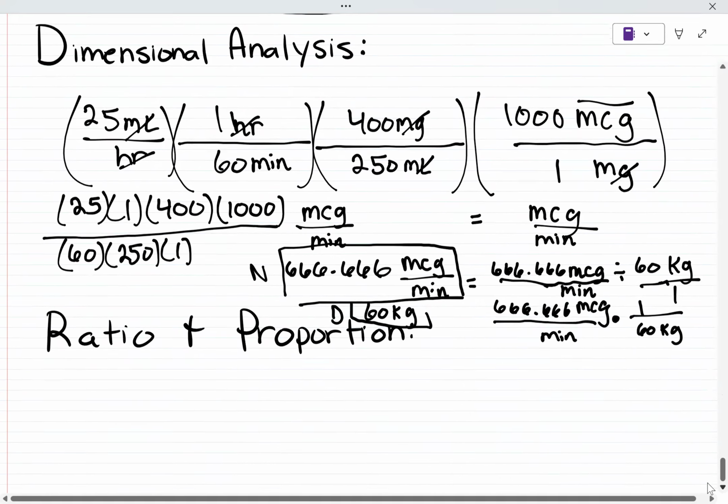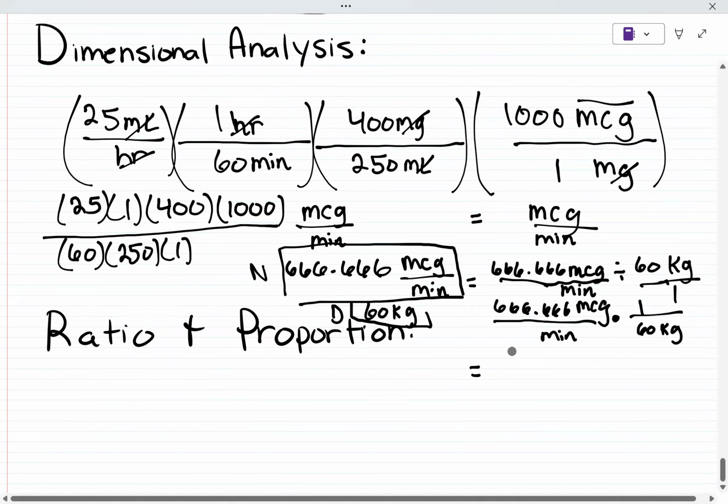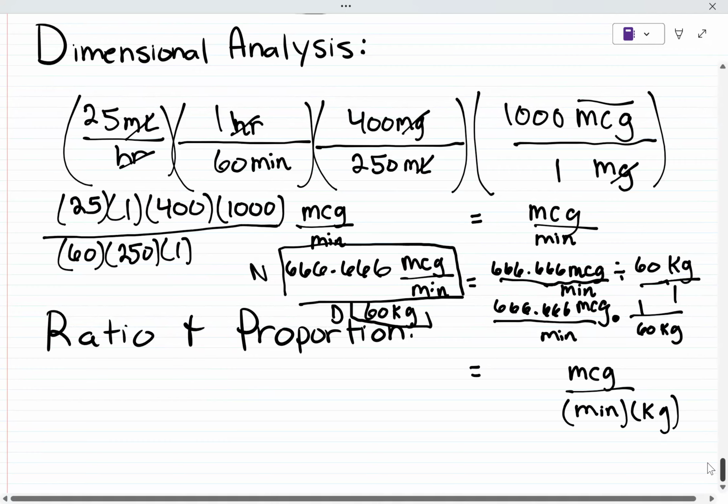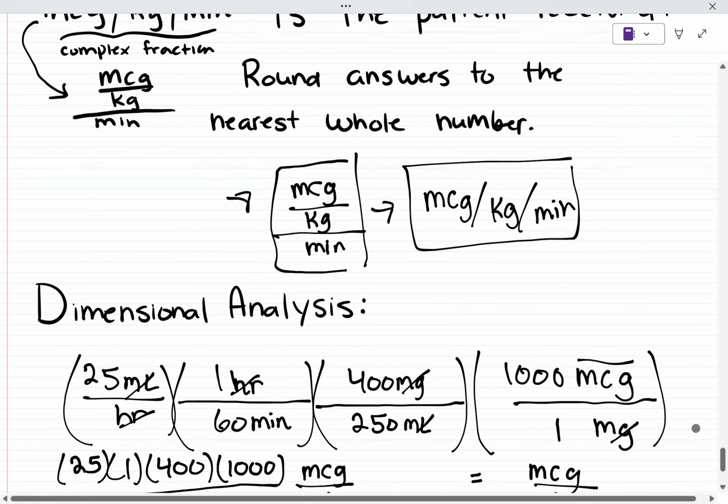And then when you do the algebra, just look at the units. On the top, you're left with mcg, and then on the bottom, you're left with minutes and kilograms. Now, is that our correct units? Yes, because we said that our correct units should be mcg over kilograms per minute. Is that what we got?